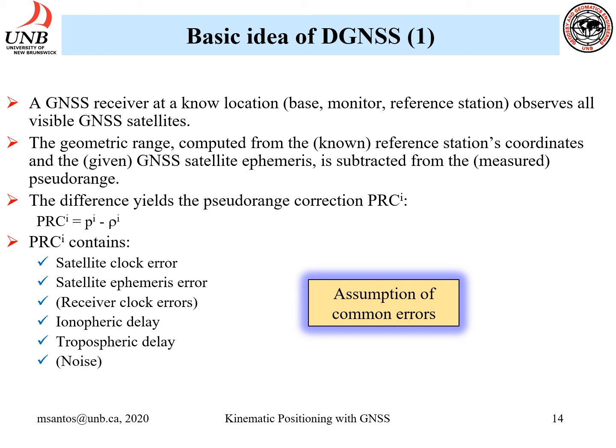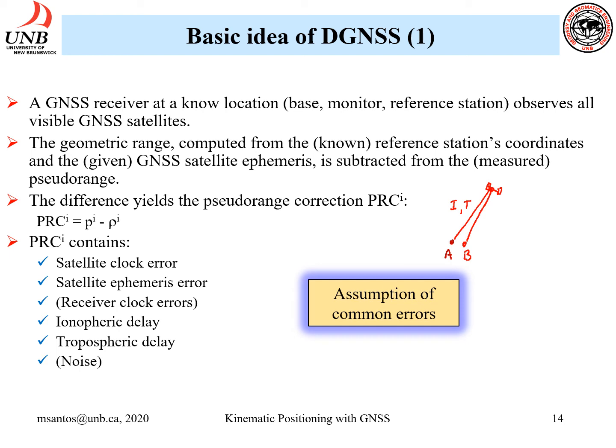But when we talk about ionospheric and tropospheric delay, if receiver A and receiver B are close together, certainly they're crossing the sky about the same place, so the ionosphere and troposphere delays will be similar.